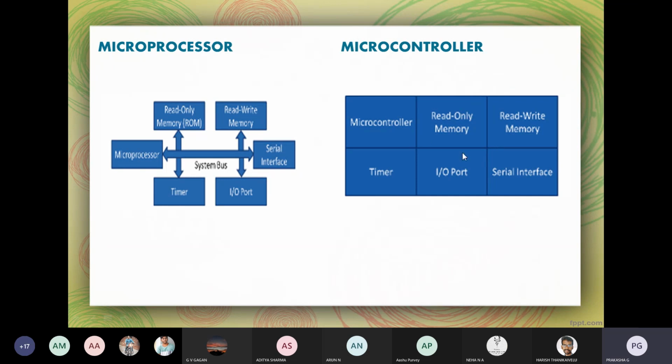But when it comes to microcontroller, it's a single chip or one die area where all are connected together internally. This microcontroller has a timer internally, I/O port internally, read-only memory, read-write memory, and serial interface.